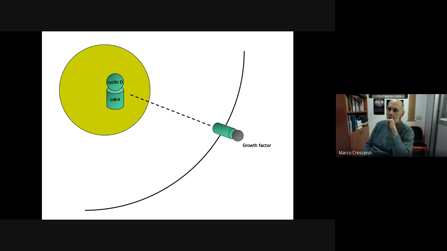Now, the model went that in terminally differentiated cells, an inhibitor or several inhibitors prevent cyclin D and CDK4 from activating. And so myotubes cannot respond to growth factors, at least not completely, as I've shown you. A model is something we very often use, not only in science, but even in everyday life, I should say.